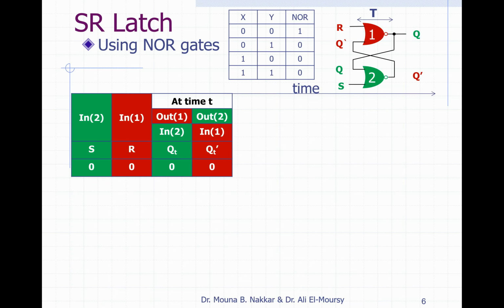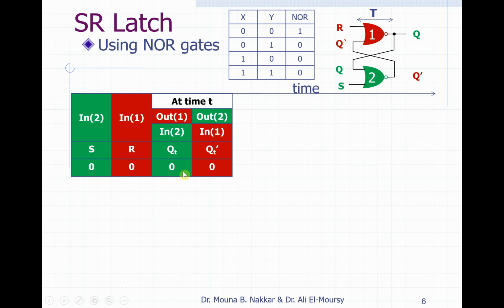So in this slide, we assume that we will start with the case that we have ended up in the last slide. Now I have Q and Q bar both 0s, which falsely, deceivingly, maybe indicates to the user that I am in a writing 0 state. But right now Q and Q bar are both 0s.